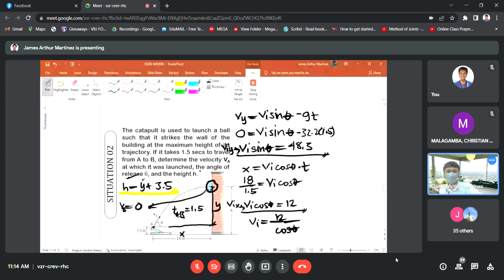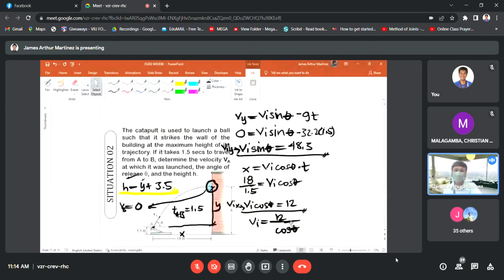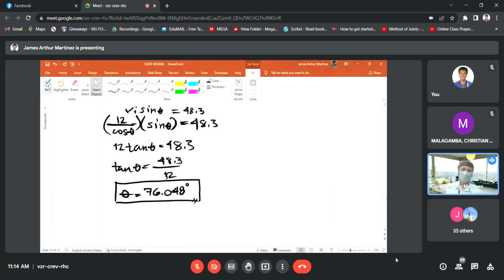To determine the initial velocity Vi, we have the equation Vi is equal to 12 over cosine theta. The only unknown in that equation was angle theta, but since we computed angle theta, we can now compute the initial velocity, which is 12 over cosine 76.048 degrees.